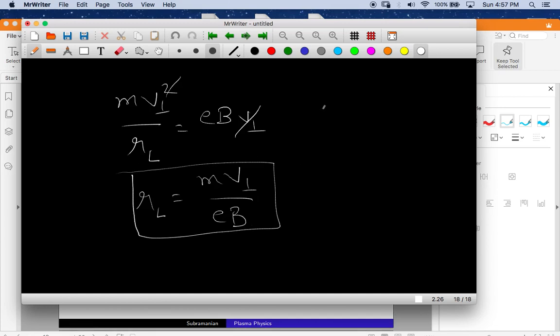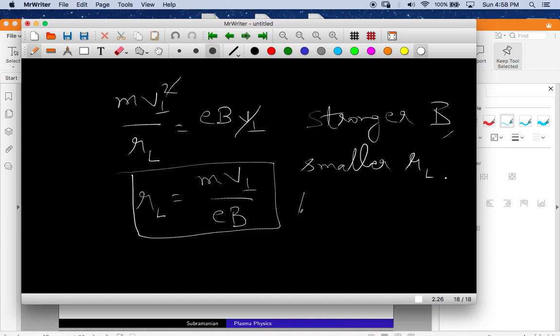So stronger B, smaller R_L; weaker B, larger R_L. That's obvious from here, right? If B is larger, the R_L is smaller.